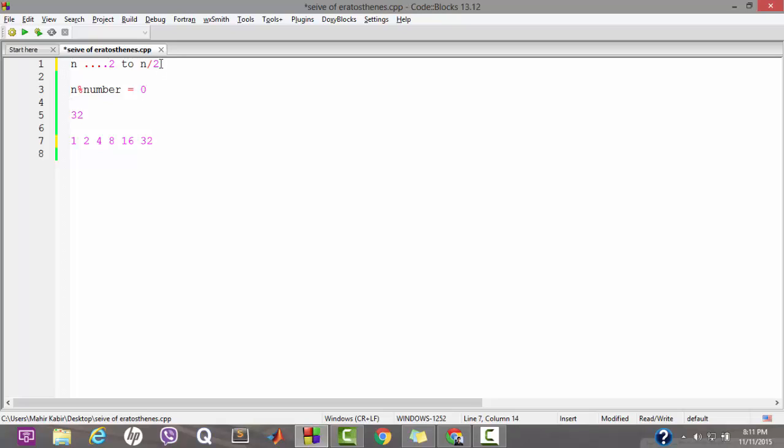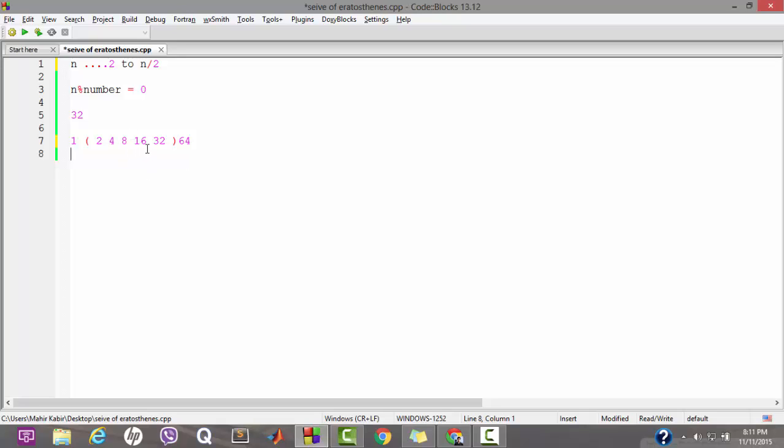Now another thing. Let's take a look at the factors of 32. Well, let's work with 64. We are checking for 64 now.